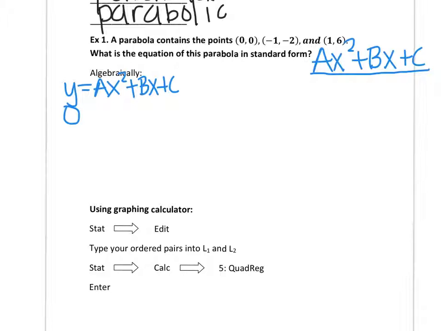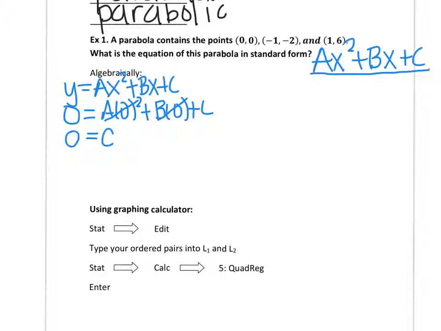So 0 is the value for y, and 0 is the value for x. Notice now what's going to happen. That 0 on the A is going to cancel that term out, and that 0 on the B is going to cancel that term out. So all we're left with is C equals 0. So I know in my equation I'm going to have a 0 for C.